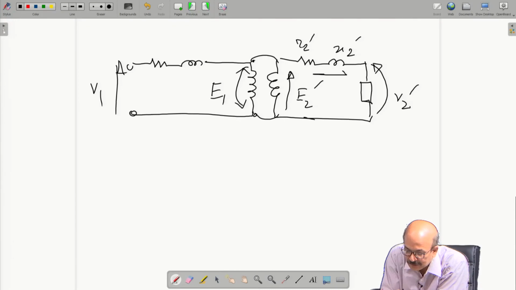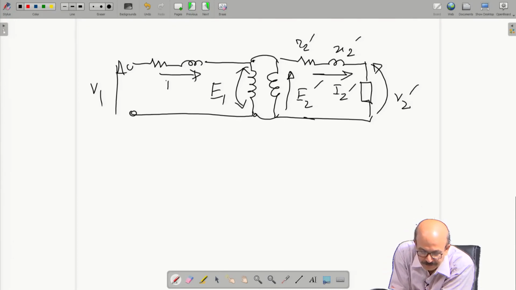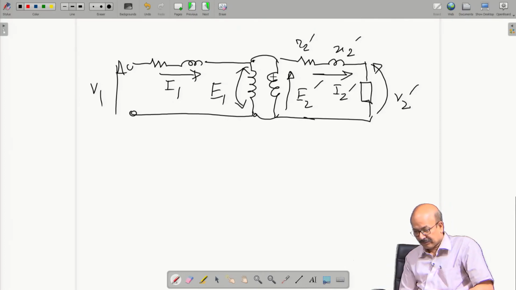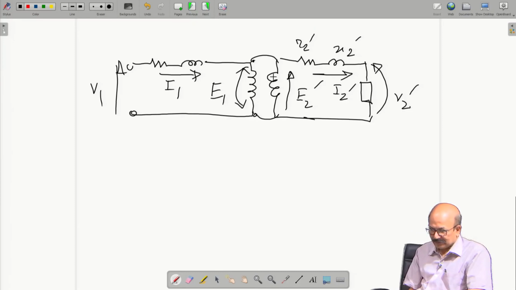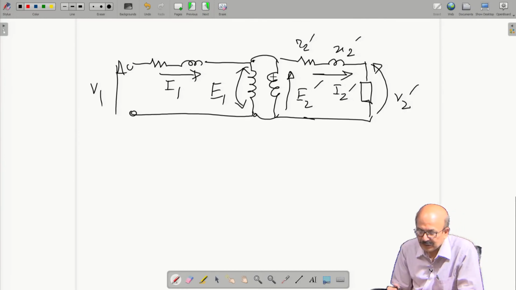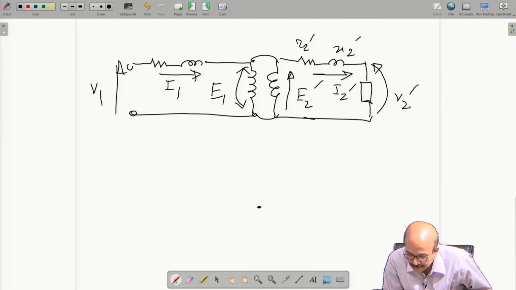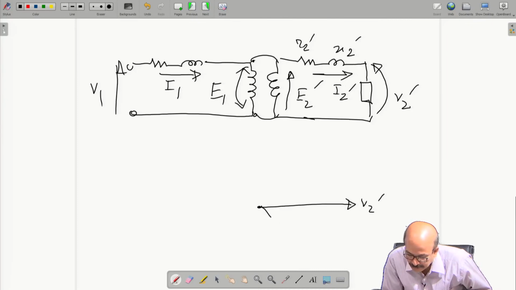So now this I2 dash and this I1, if we neglect the magnetic branch, are actually the same, because I2 dash is I1; I2 is I1 by A. Corresponding to this, if we draw the phasor diagram, we have here V2 dash, here I2 dash, and then we add it up.